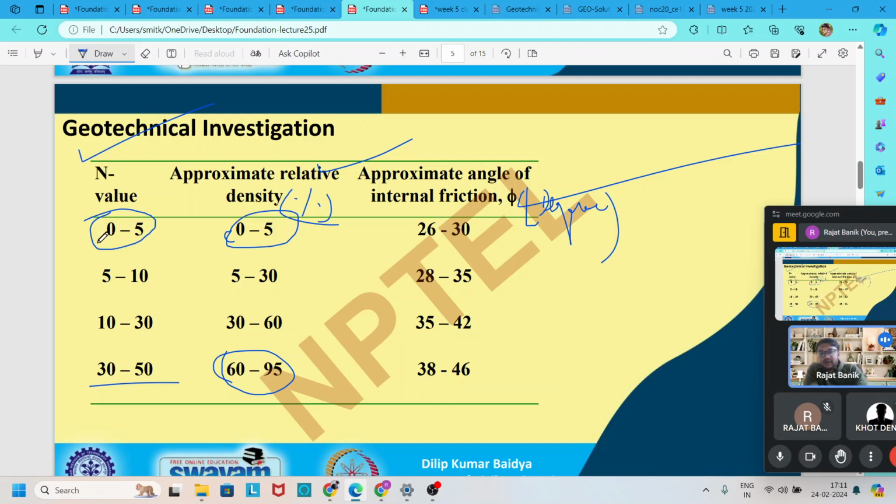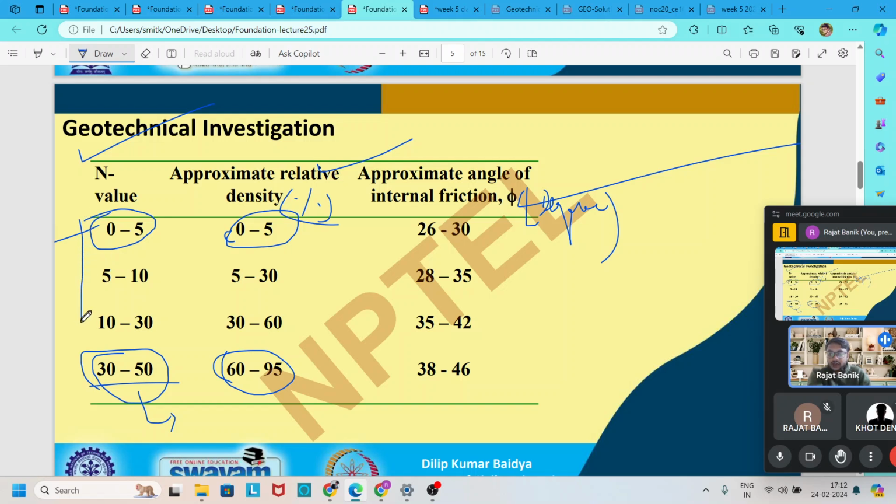So you have to remember that if our SPT number is low, then the soil is called soft soil or loose soil: soft soil for clay, loose soil for sand. And if our SPT number is high, that is 30 to 50, then the soil is called very stiff soil for clay and very hard soil for sand.